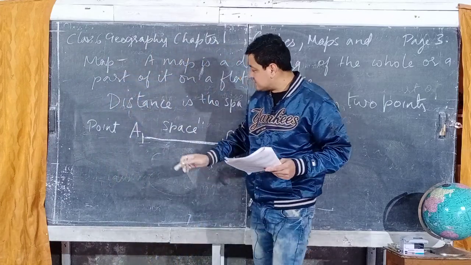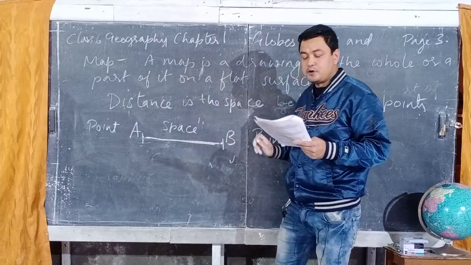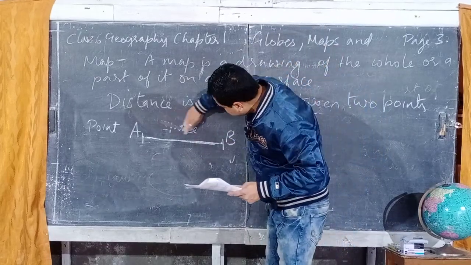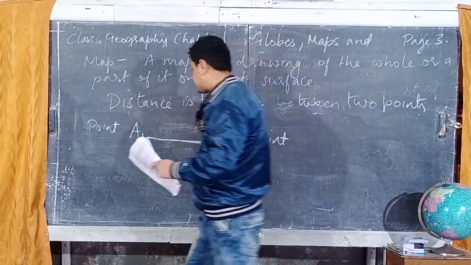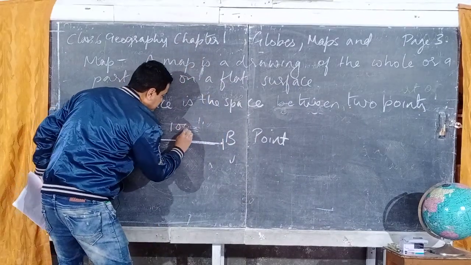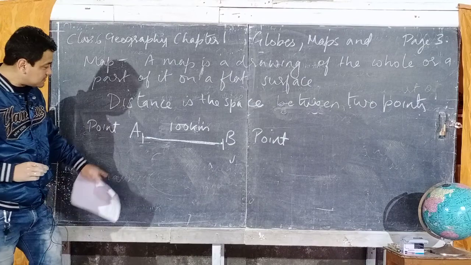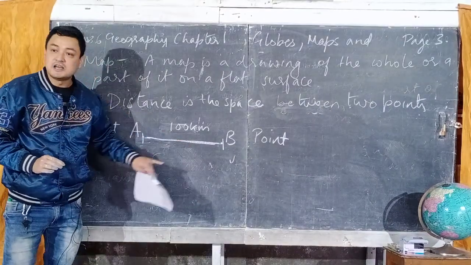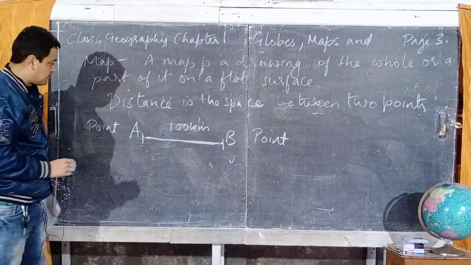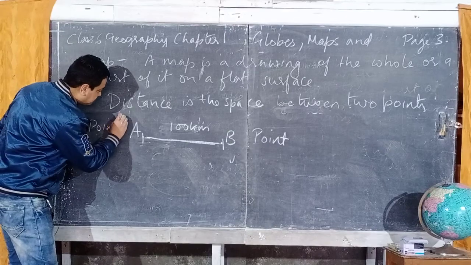Let us consider these two places, point A and point B. The space between them is, let's take for example, 100 kilometers. To make it easy, I'll write Kalimpong.